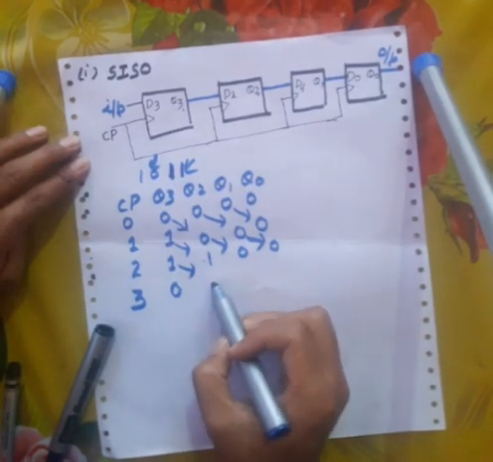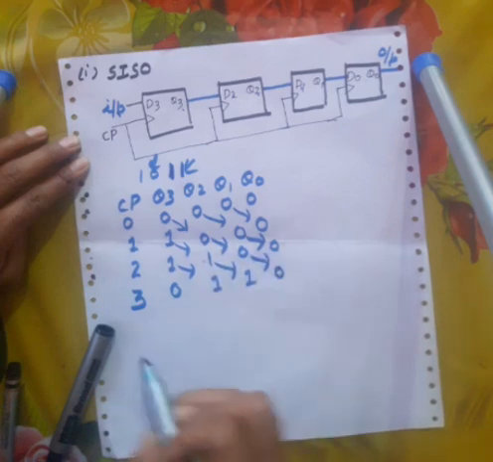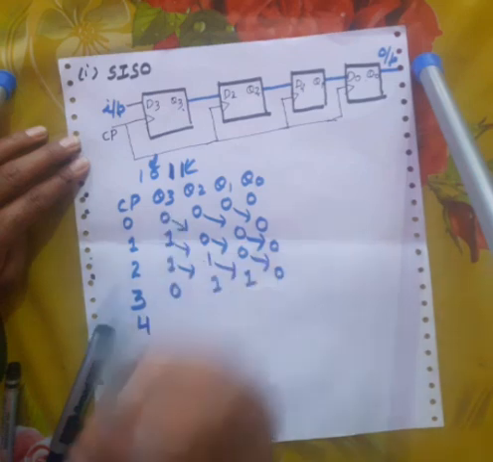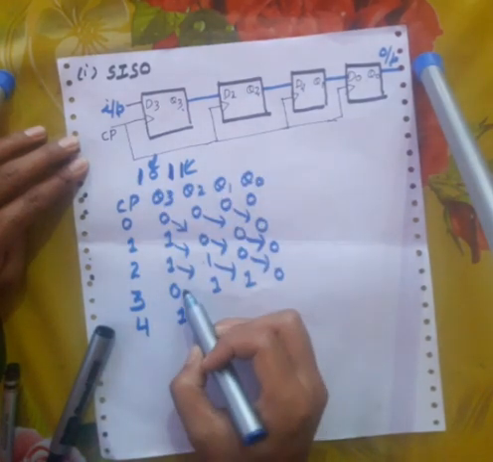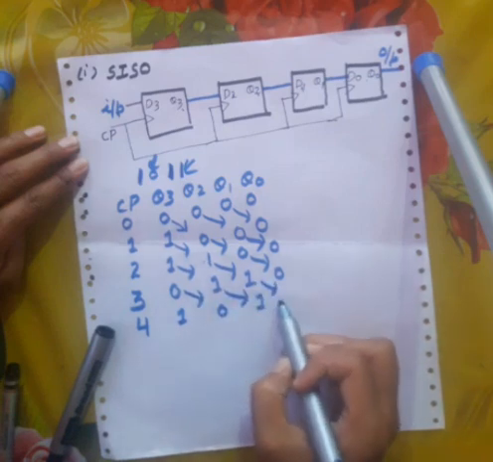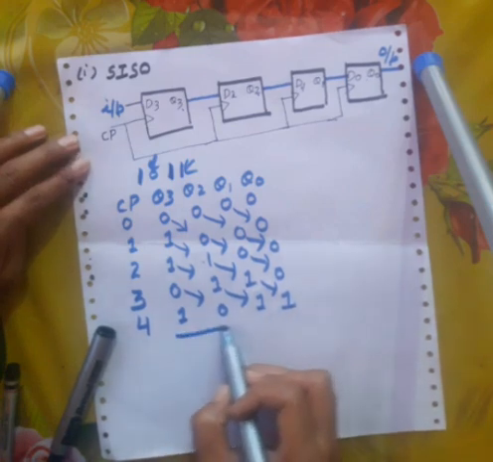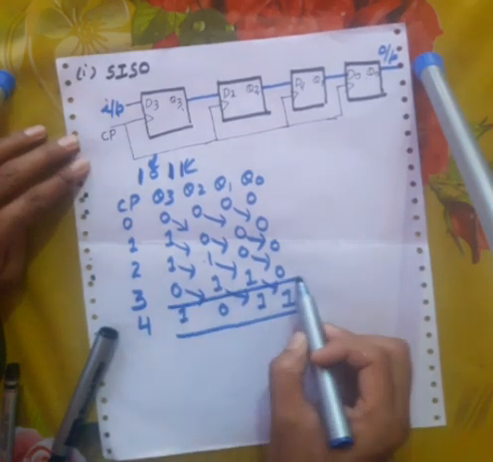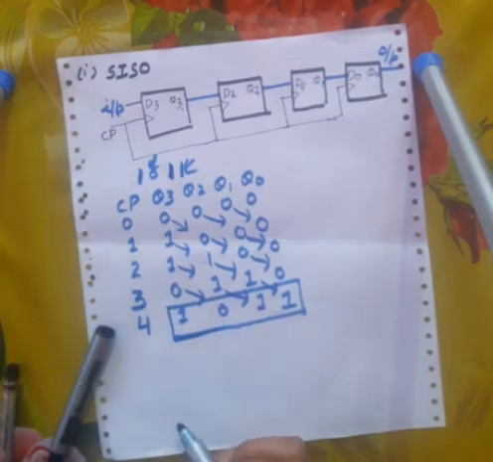Now it is shifted along. Next, after the fourth clock pulse, give this final 1, and the rest are shifted. Means after 4 clock pulses you will get this data 1011.